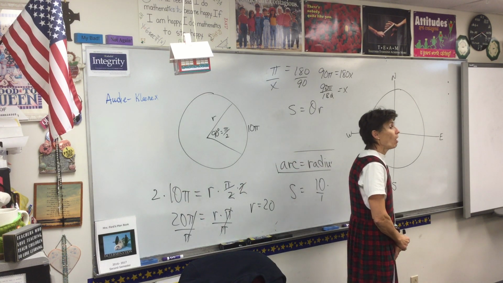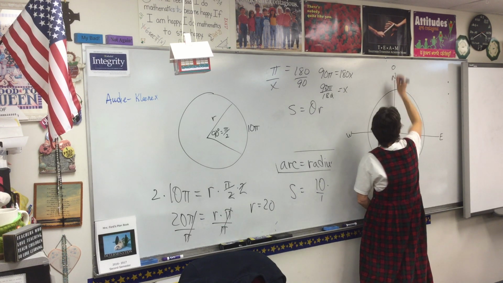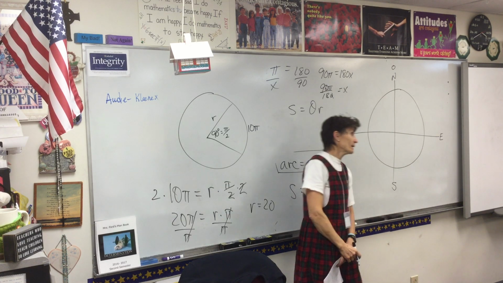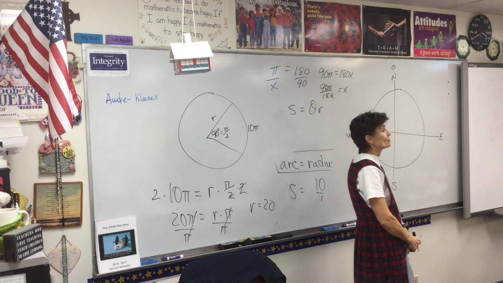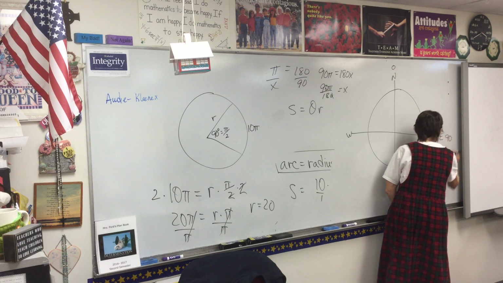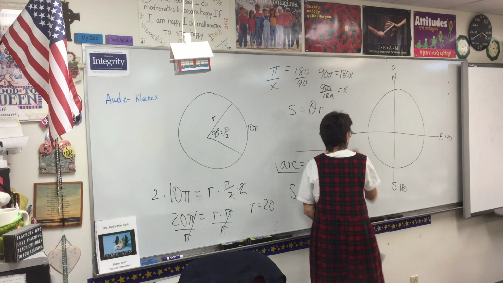Angle measures on the compass. Due north is 0. So if you tell your airplane pilot to fly on a heading of 0 degrees, he's going to go due north. East is 90, south is 180, west is 270.